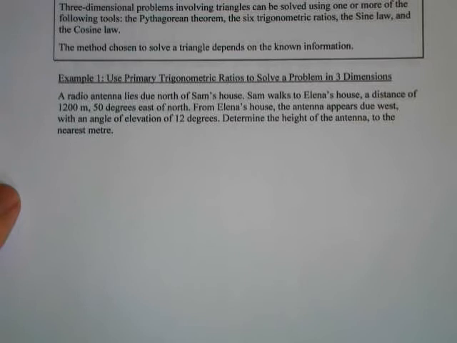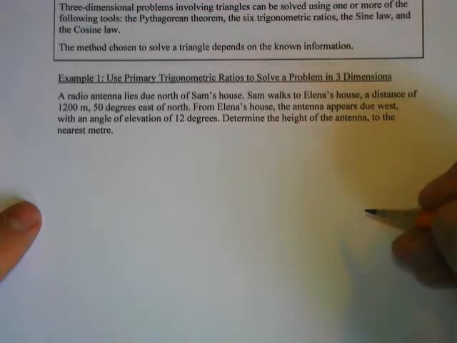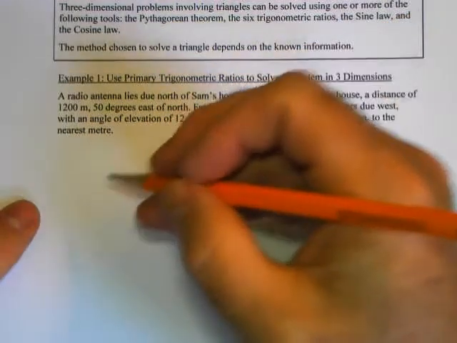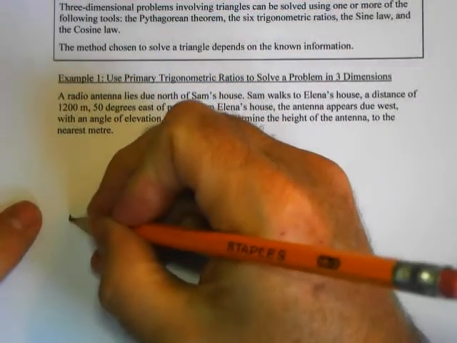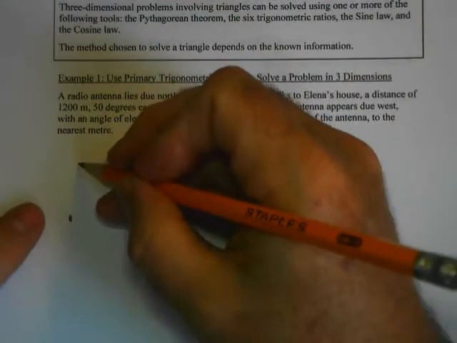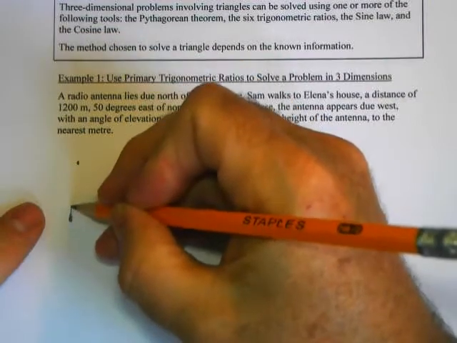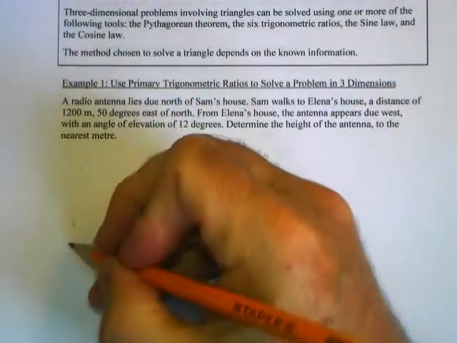So I know I'm going to be drawing at least 2 triangles in every one of these questions. So I'm going to start with kind of looking towards the ground from the sky. I've got Sam's house, so I'm going to start with Sam's house here, and the antenna is due north, so I'm going to draw it straight above. Actually, I'm going to move that down a little bit, give myself some more room.